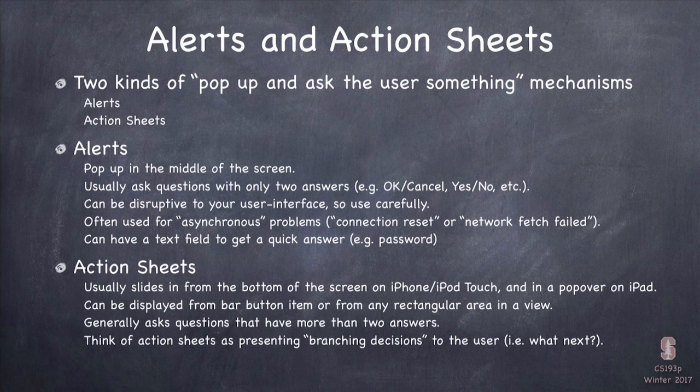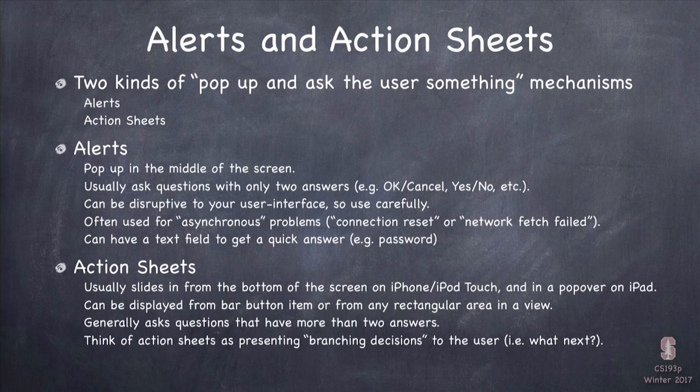Now, an action sheet I like to think of as a branching decision user interface element. The user has gotten to some point in the UI where you simply can't proceed without knowing what the user wants to do. An example is maybe you want to include an image in something, like a contact, the profile image or something like that.